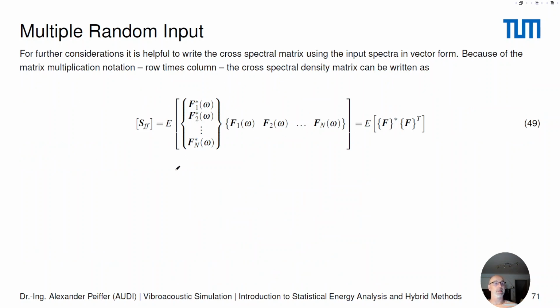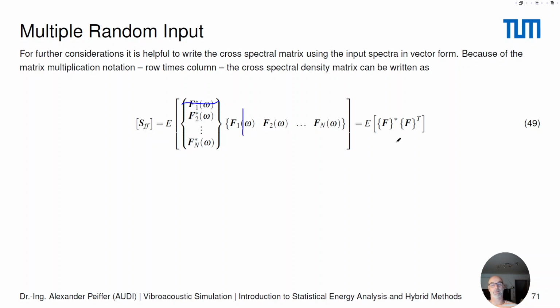For convenience, it's quite helpful to describe these cross-spectral matrices in vector form. Because of the vector convention, we multiply the row times the column, so we can write this matrix in a much easier form. We take the column vector as the first argument and the row vector as the second argument. For every matrix coefficient we take the row times the column, and that gives a full matrix.